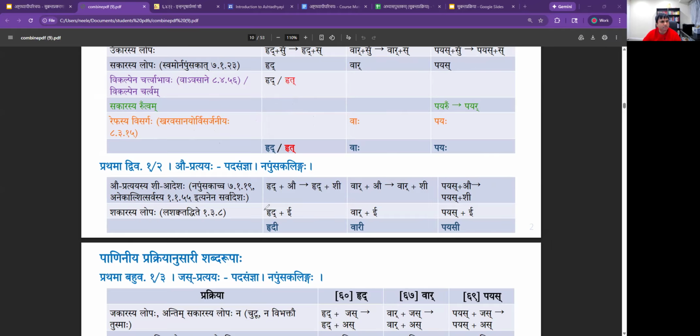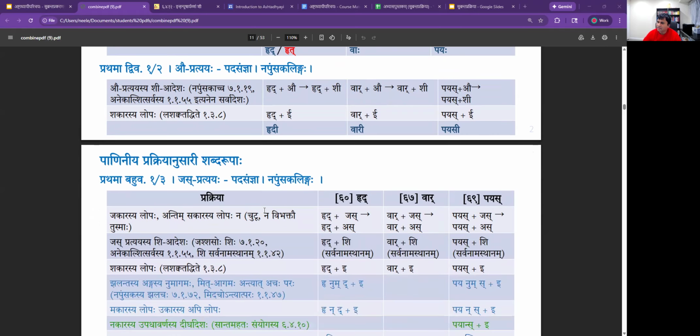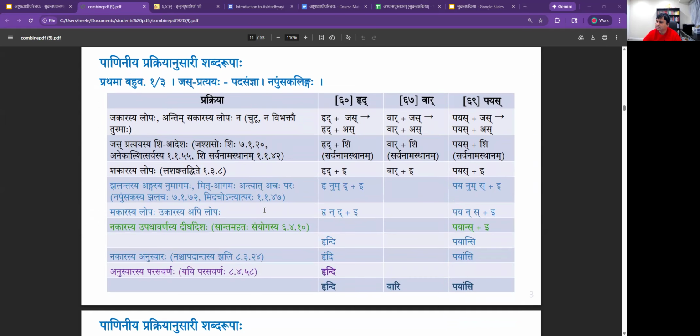Prathama dvivachanam is very simple, just a varnamelan. Prathama bahuvachanam once again, payas plays in a different way. Var is a very simple thing. It's sarvanamasthanam, then var e vari. There is a numagama in both hrit as well as payas, jalantasya angasya mid agamah.